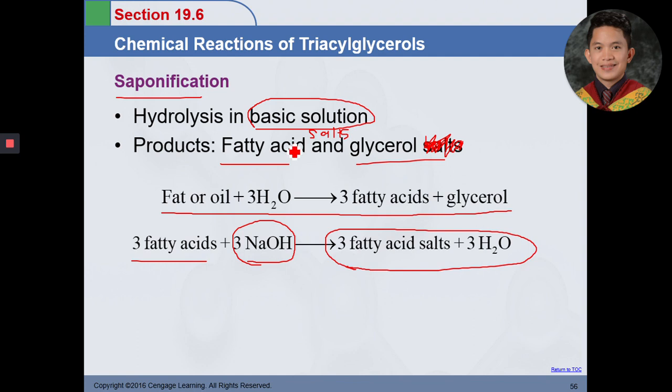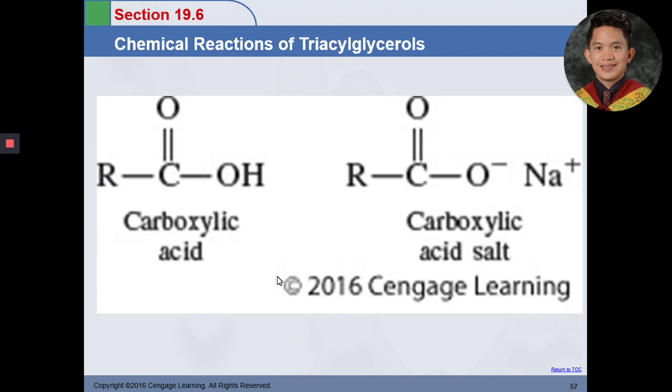Okay, so this one right here shows the products, the fatty acid salts produced in saponification. So the normal carboxylic acid looks like this, if you can recall. We have the carboxylic acid, the COOH, and then the R, which is your chain of carbons in your fatty acid chain.